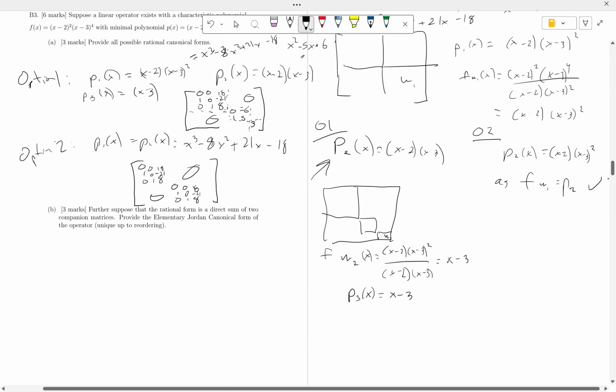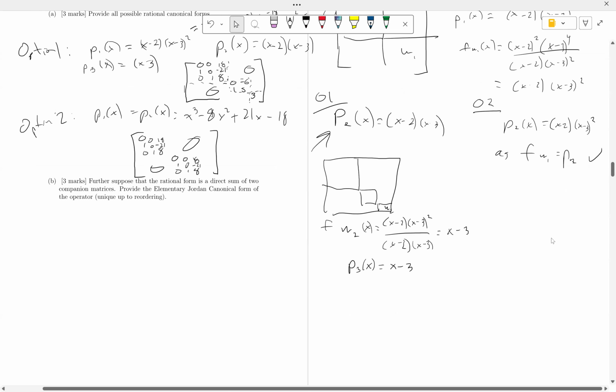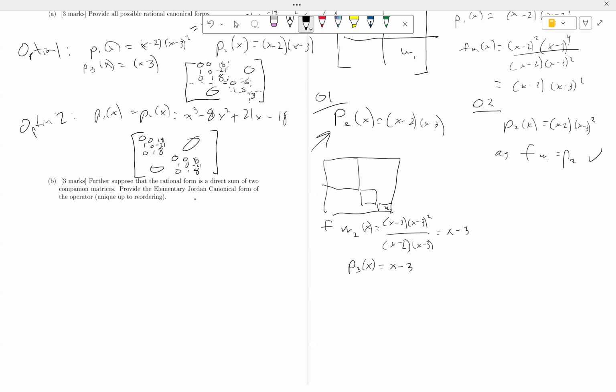Okay. Now it's saying, further suppose that the rational form is a direct sum of two companion matrices. Because it's two companion matrices, it has to be option 2. So in part B, it has to be option 2, and I want the Jordan canonical form. I'm going to take the cyclic decomposition and further decompose it.